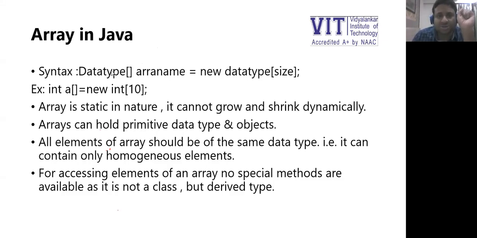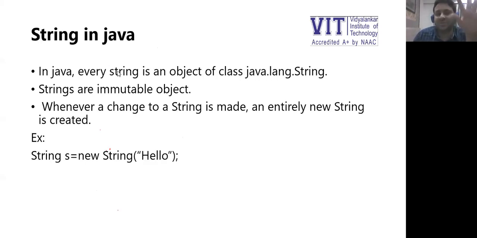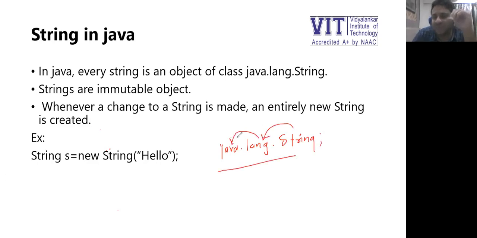Now, string is very special in Java. It is very, very special. Why am I saying so? Because in C, C++, whenever we created a string, we actually created an array of characters. In Java, every time you create a string, it basically creates an object of class java.lang.String with capital S. It means String is a class in the package lang, which belongs to package java.